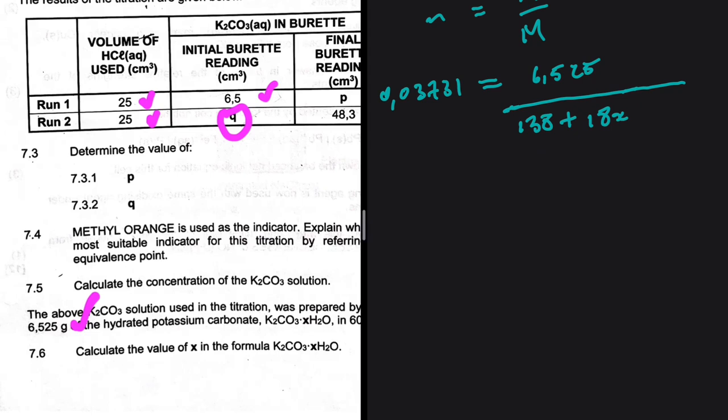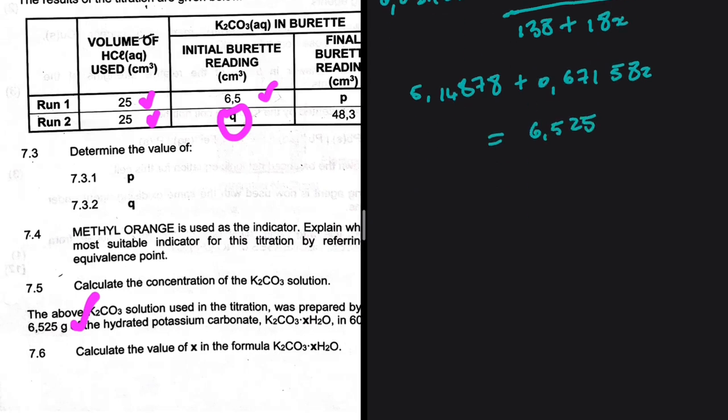Okay, so now the problem becomes mathematical. 0.03731 multiplied by 138. So I'm getting 5.14878 plus 0.03731 multiplied by 18x, which is 0.67158x, is equal to 6.525.